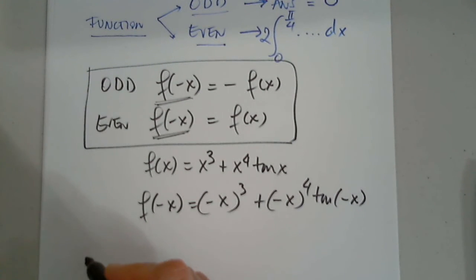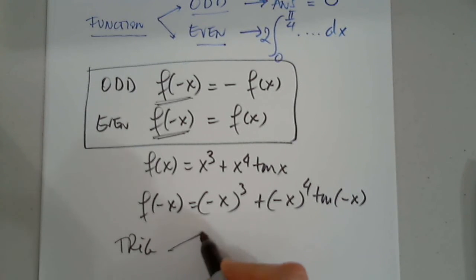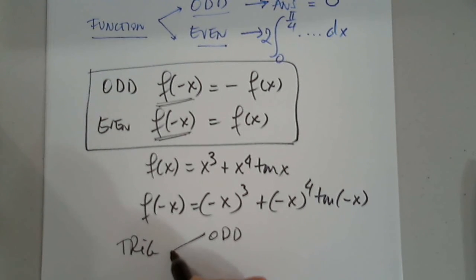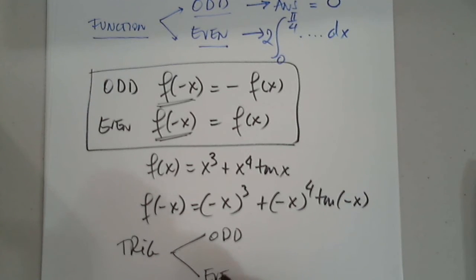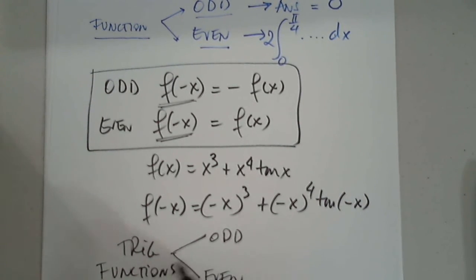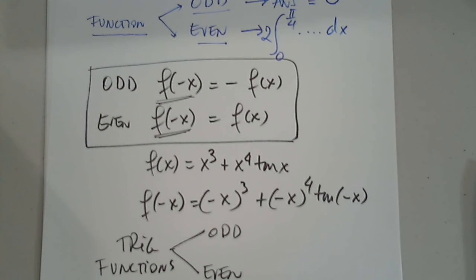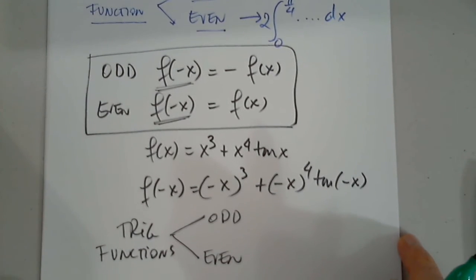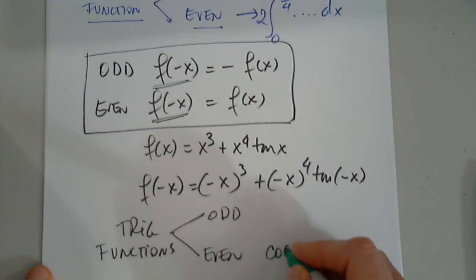Now, from the trig functions, which functions are odd and which functions are even? Anyone remembers which functions are odd, which functions are even from the trig functions? Only cosine and secant.